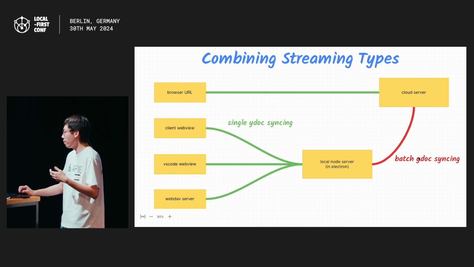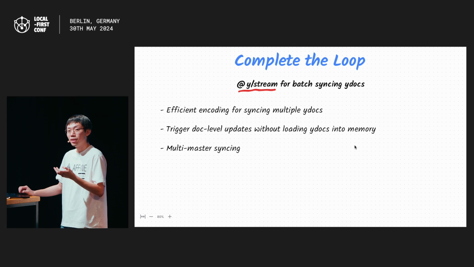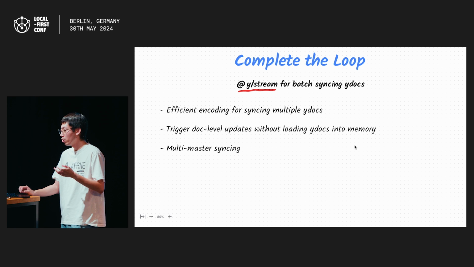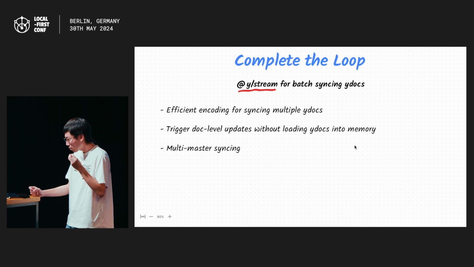Then it is so-called batch YDoc syncing, and here we'll refer to something that should complete the loop. It's a new community project called YStream, developed by Yifeng Wang, the creator of YJS, and I find it very interesting for doing the batch syncing of YDocs.